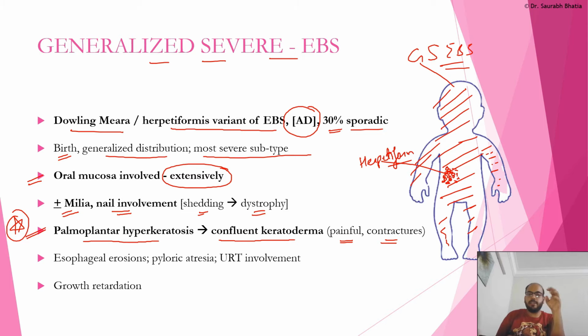The mucosal involvement is significant, enough to cause esophageal erosions, pyloric atresia, and upper respiratory tract involvement. There is also association of growth retardation. So this is EBS generalized severe, also known as Dowling-Meara.